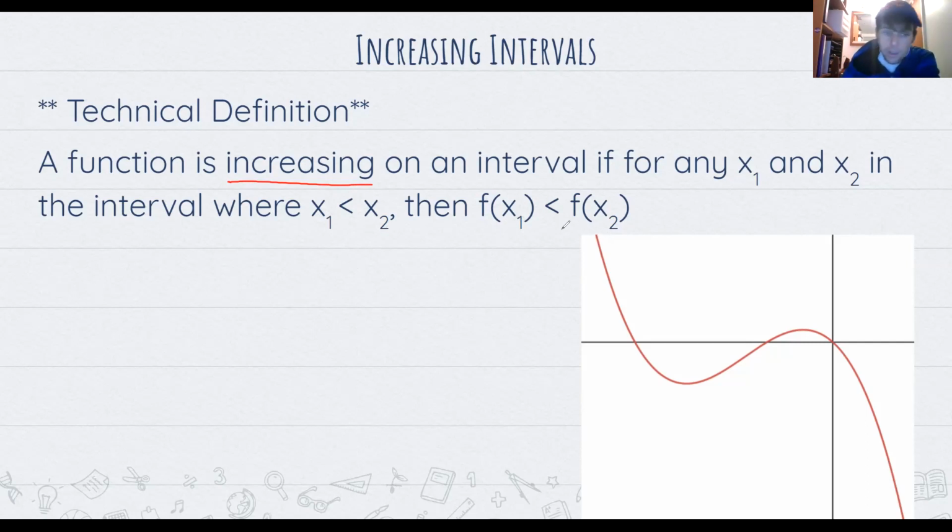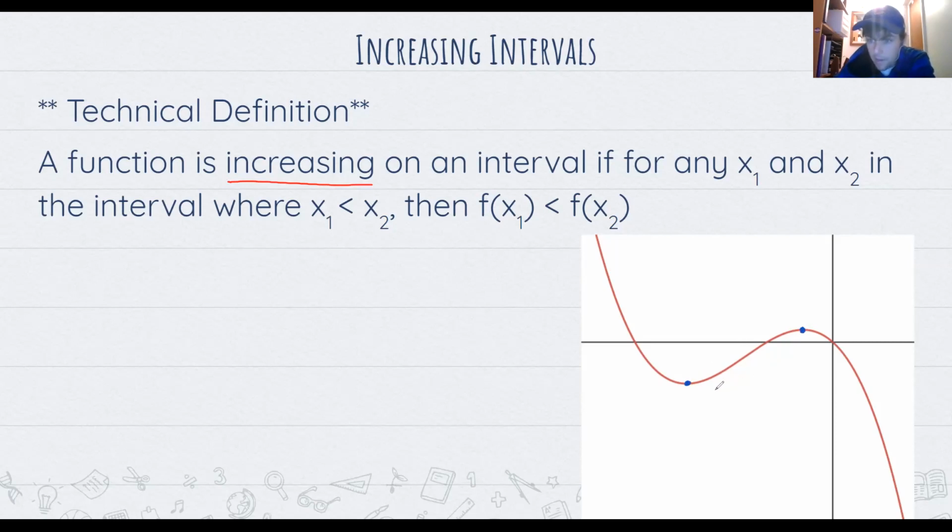Okay, so let's first start off by thinking about this a little bit more intuitively. When we say that a function is increasing, we mean that it's going up, right? In general, when we talk about graphs increasing or decreasing, we're referencing what's happening as we move from the left to the right. So if we examine this graph down here, you can see that this function is increasing from approximately here to here, right?